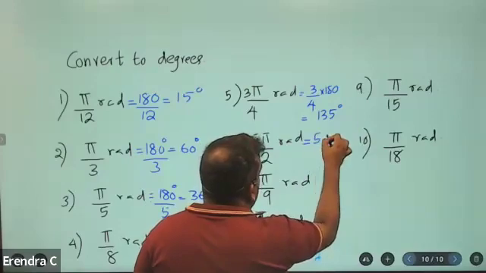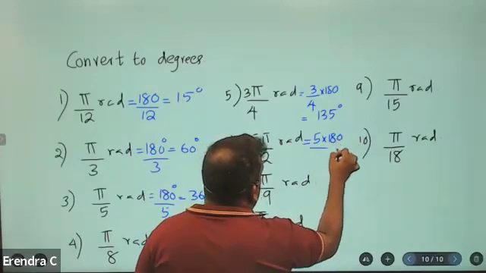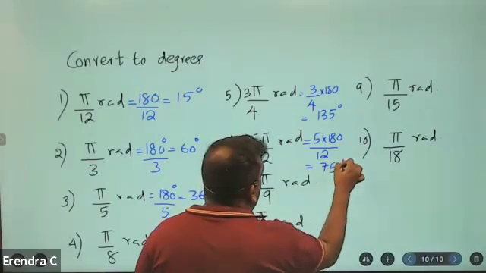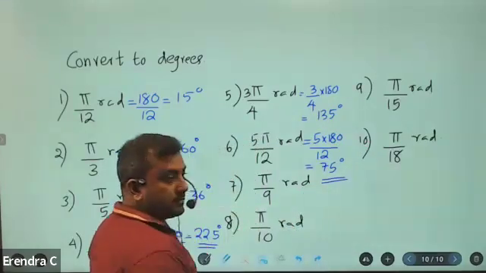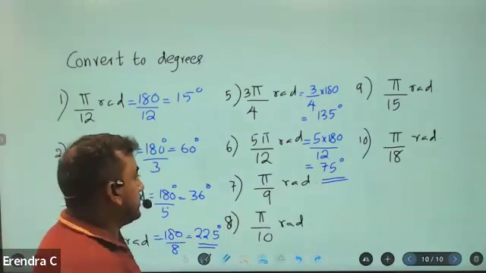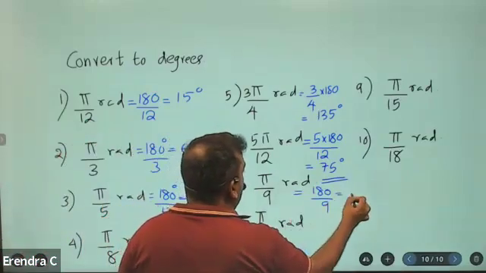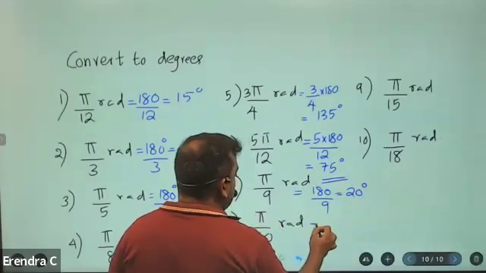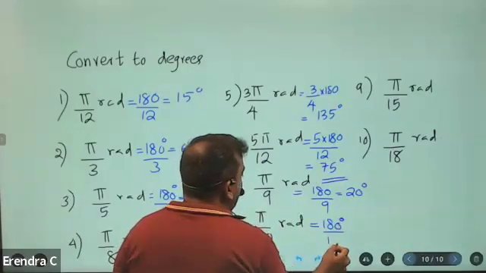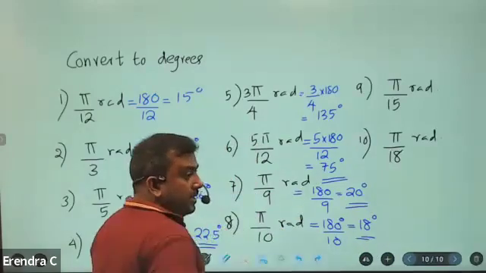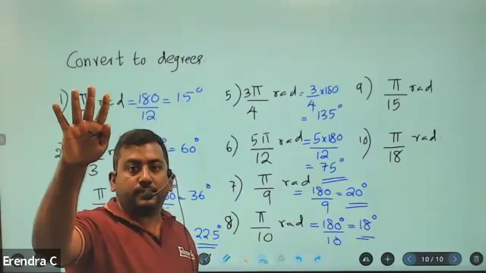Here, multiply by 180 divided by 12. 15 times 5 is 75 degrees. I hope you all got this. Here, 180 divided by 9, 20 degrees. 180 divided by 10, 18 degrees. See whether you got this. People who got this, put your hands up.